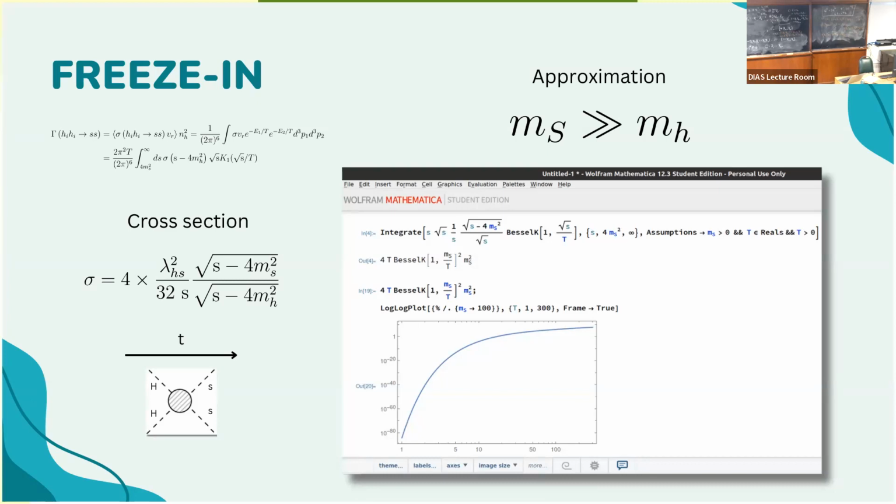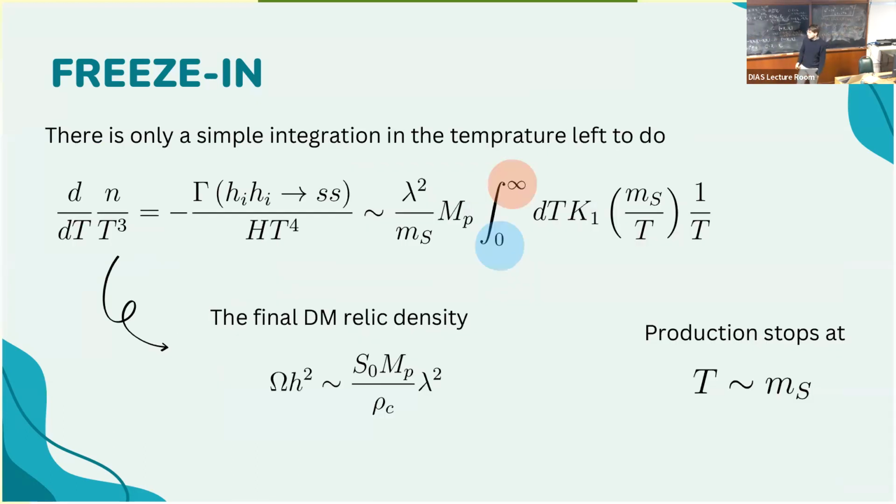This is the temperature that decreases, and you see if here I set the dark matter mass to be around 100, after 100 this production rate goes down quite fast. So around the mass of the dark matter, my production practically stops. And once I know this gamma, I can just integrate my Boltzmann equation over the temperature and find the final result for the number density or the relic density.